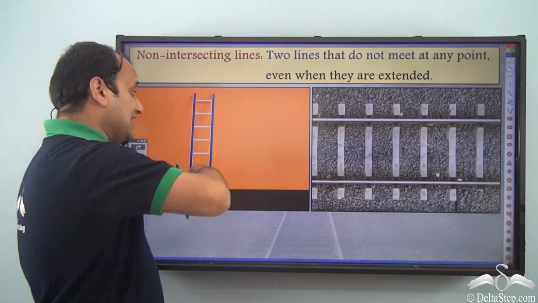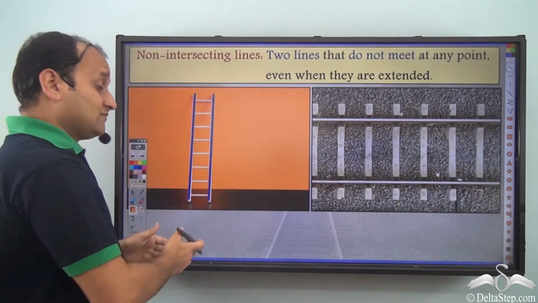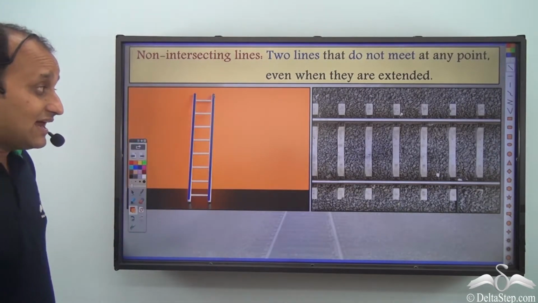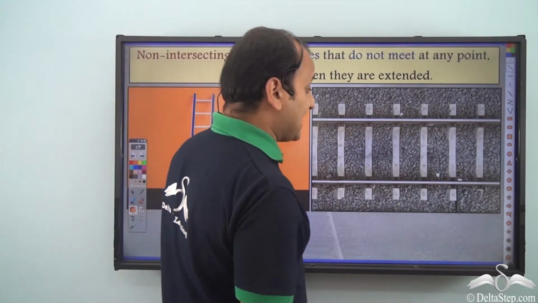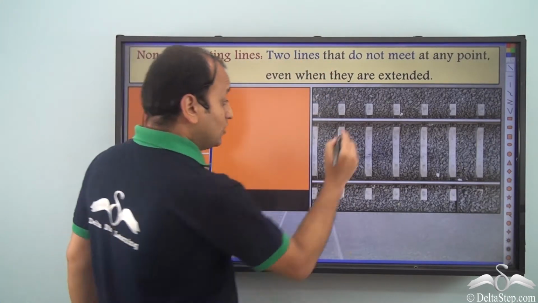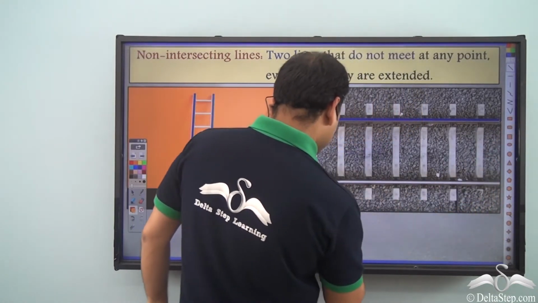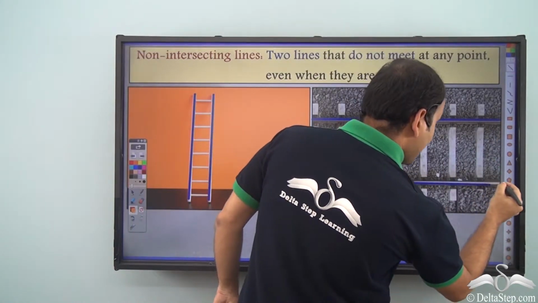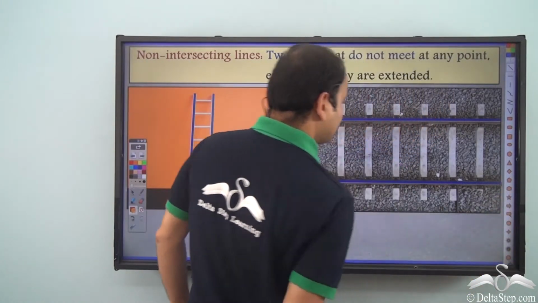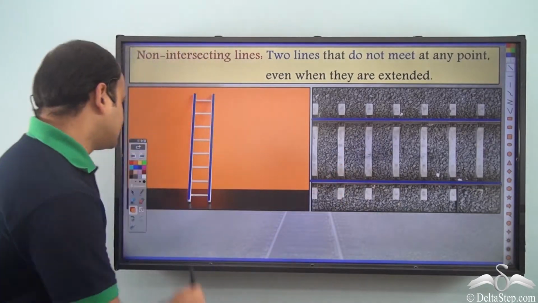Well, these two sides never meet. They run along each other. So you see, these are parallel lines. Even in the case of the railway track, have you seen? They just run along each other. So if you draw a line along this track and this track, what do you get? Well, we get parallel lines.